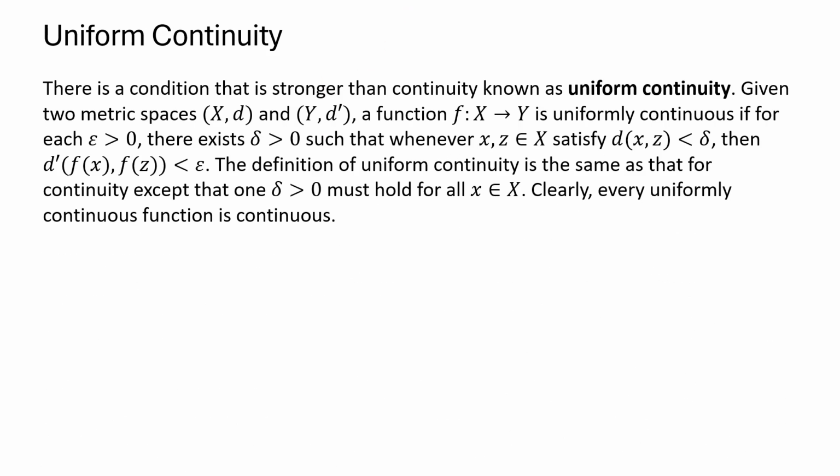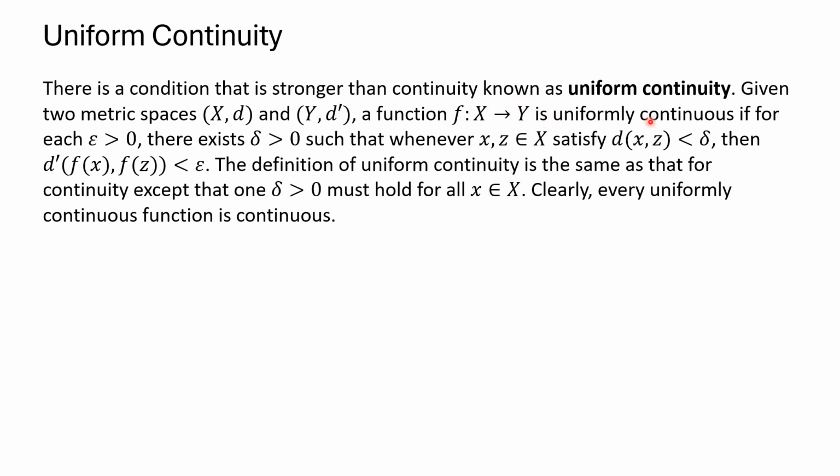There is a condition known as uniform continuity, which is stronger than continuity in the sense that if the function is uniformly continuous, then it's also continuous. So let's define that here. We have two metric spaces, x and y, and a function f mapping x to y.